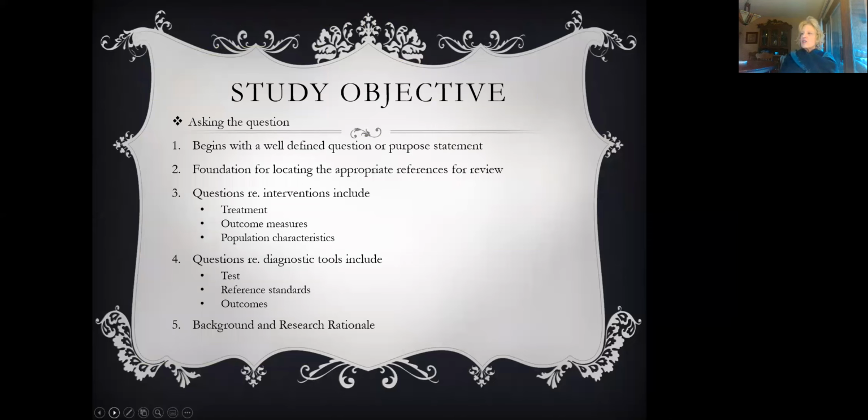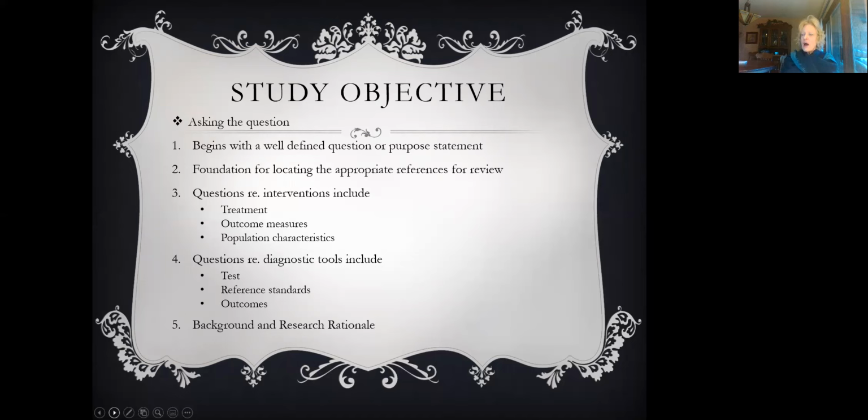So when you're defining your study objective, it goes back to asking that question. And it begins with a well-defined question or purpose statement. And the foundation for locating the appropriate references for review, or the appropriate studies that you want to review, really comes from that well-defined question or purpose statement.